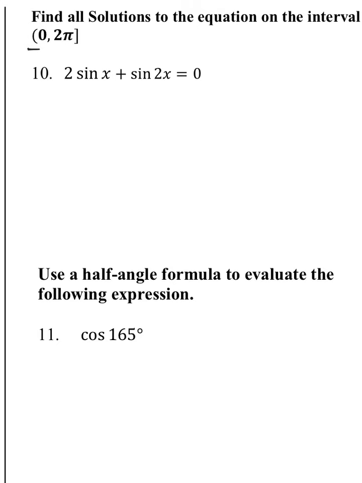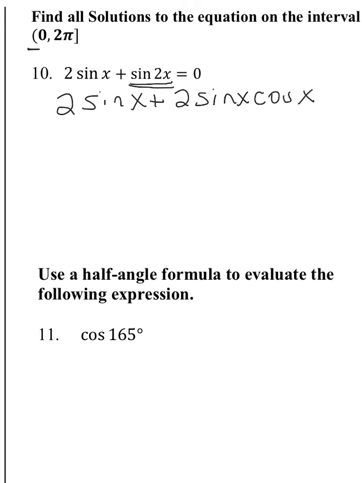So the first thing we need to do is look at our equation and see if we have anything that is a double angle. So I can use my double angle identity to rewrite sine of 2x as 2 sine x cosine x.